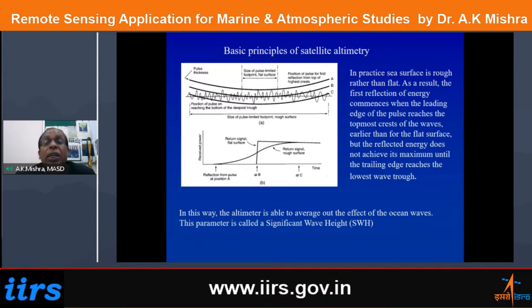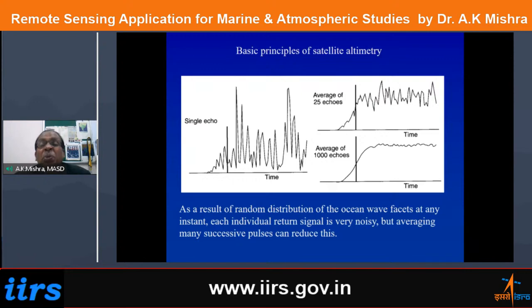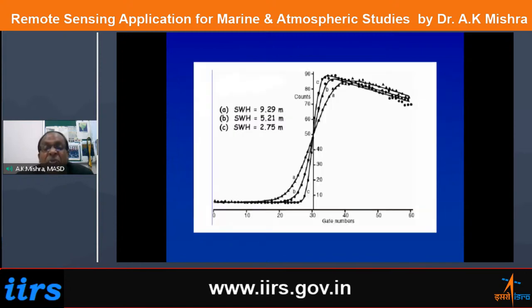So if this is the average of 25 echoes, and this is the single echo, and if you take the average of 1000 echoes, you will get a perfect shape. So the slope of the leading edge will give you the information; you can relate the slope of this leading edge to the significant wave height.